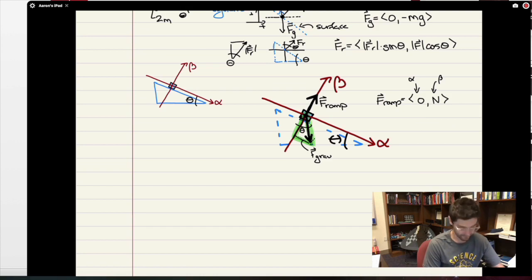Now we need to prove that. We know theta is the angle of the ramp, and now I'm claiming that this angle right here, which is not really related to the base of the ramp in any way, is also theta.